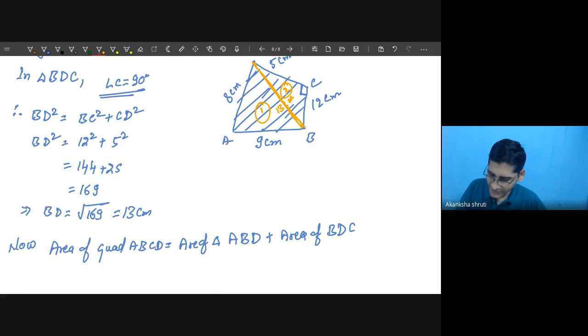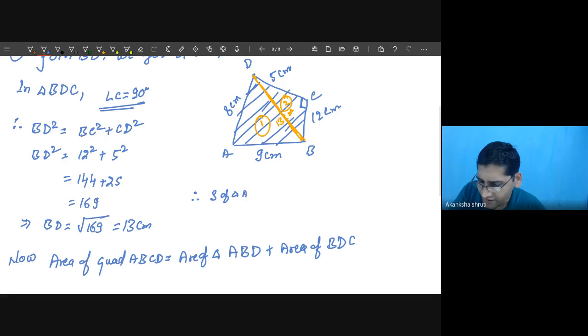So let us write the semiperimeter S1 of triangle ABD as 9 plus 13 plus 8 divided by 2.